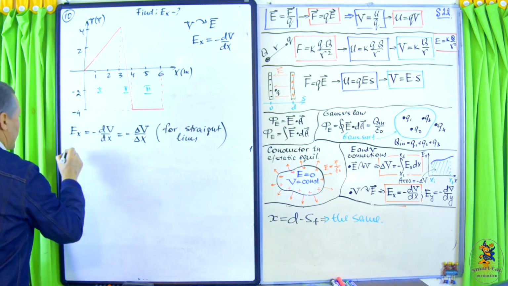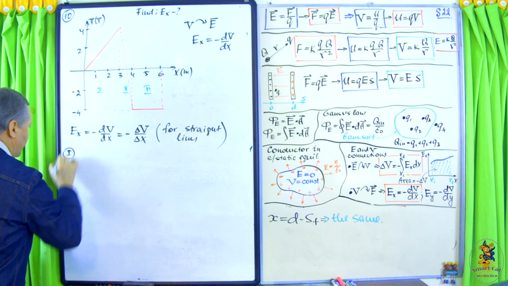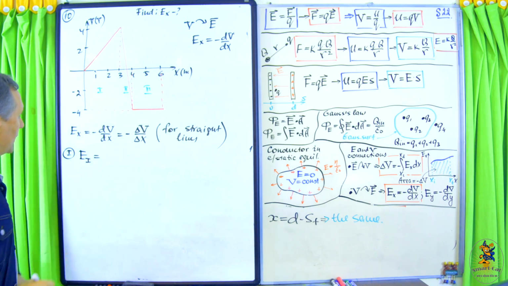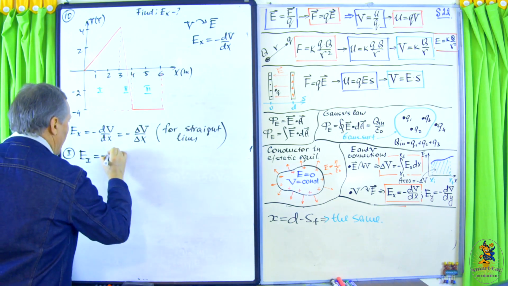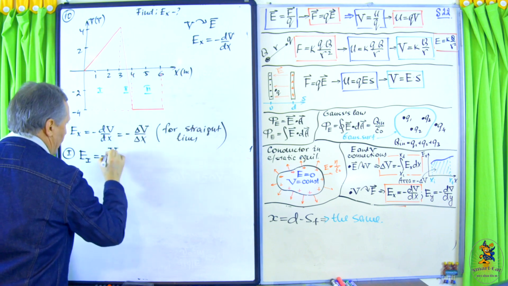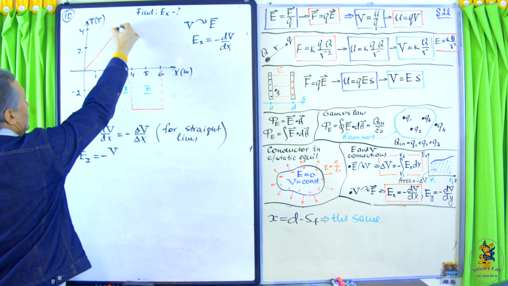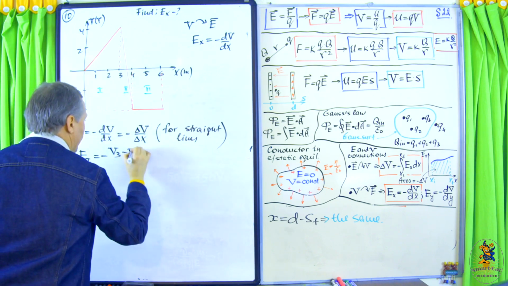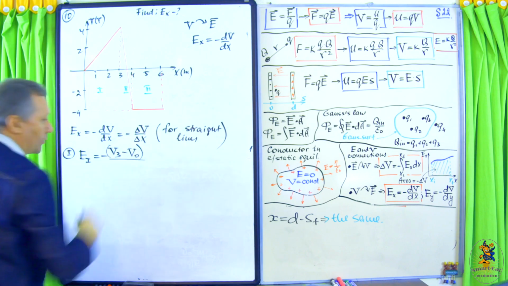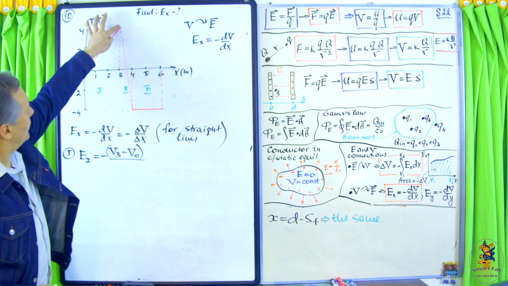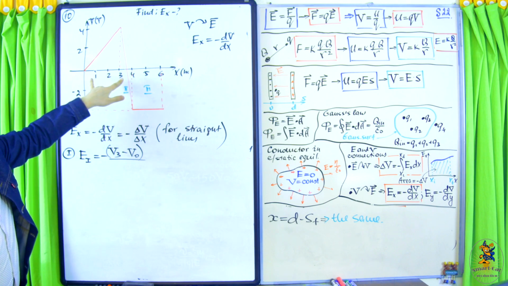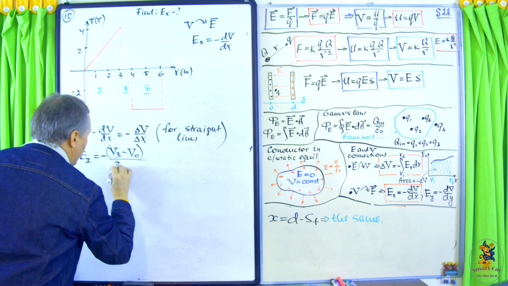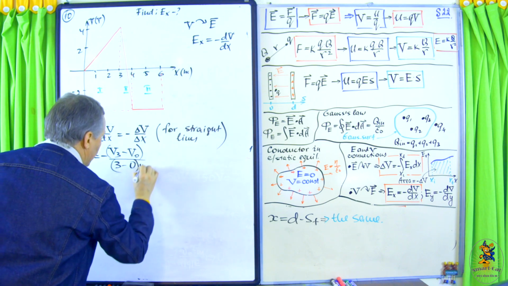And now three regions. Region number 1. So E sub 1 in the first region is minus delta V, final point minus initial point, and the final point is at 3, V3 minus V0. Divided by delta x, which is 3 minus 0, and of course that is in meters.